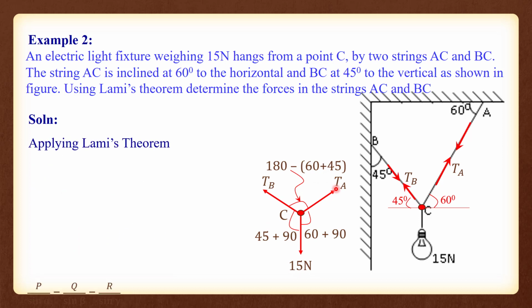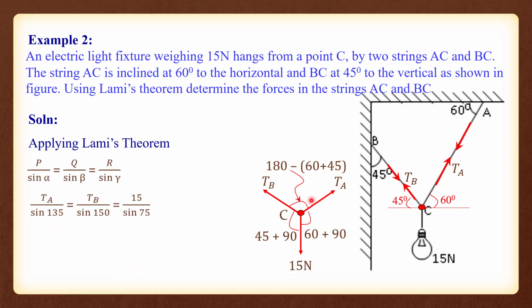Now we can apply Lami's theorem. So TA divided by sine of 135 will be equal to TB divided by sine of 150, which is equal to 15 divided by sine of this angle. This angle will be 75 degree. On solving this, we get TA equal to 10.98 Newton and TB equal to 7.76 Newton.